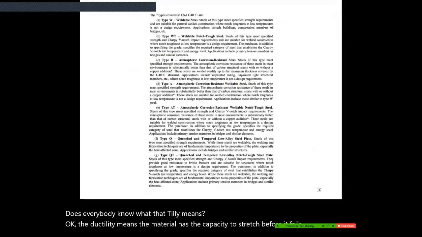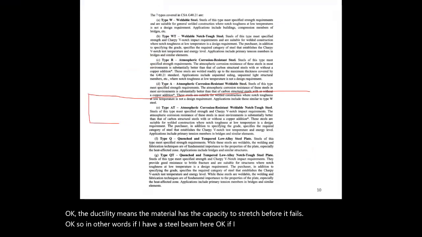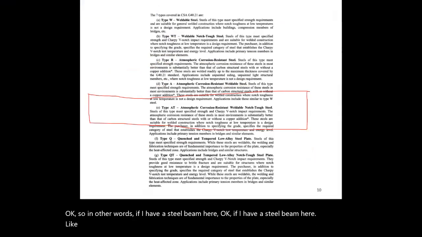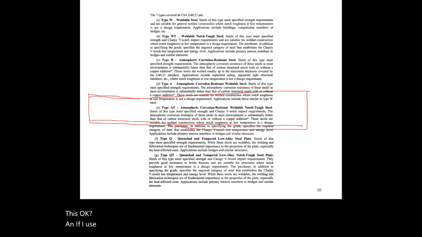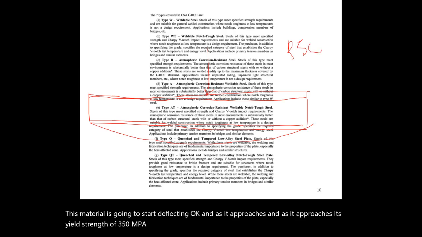So in other words, if I have a steel beam here, like this, and I use W steel for this beam, when I apply a load here, this material is going to start deflecting, and as it approaches its yield strength of 350 MPa, it's still going to stay elastic, but when it exceeds 350 MPa, this thing is going to start deforming very much.